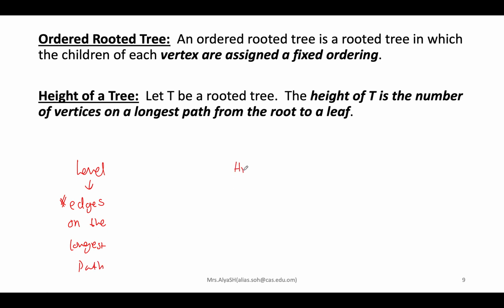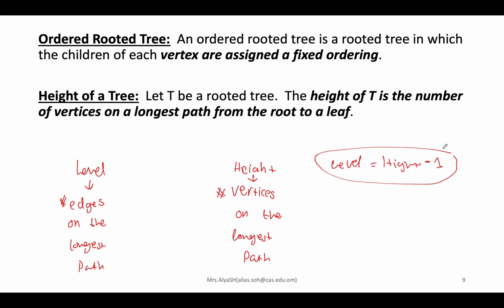Height of a tree is the number of vertices on the longest path. All right, that's why the relationship between height and level is usually that level equals height of a tree minus 1.